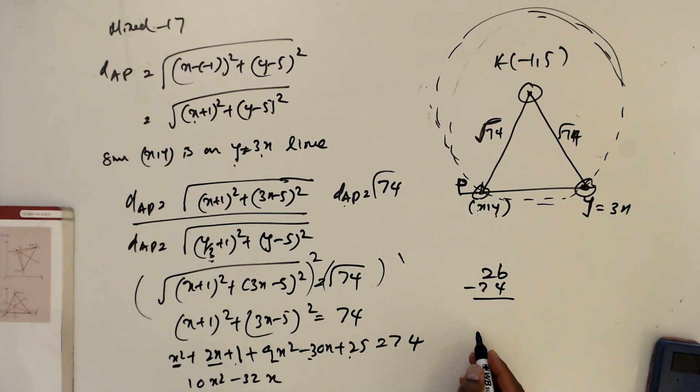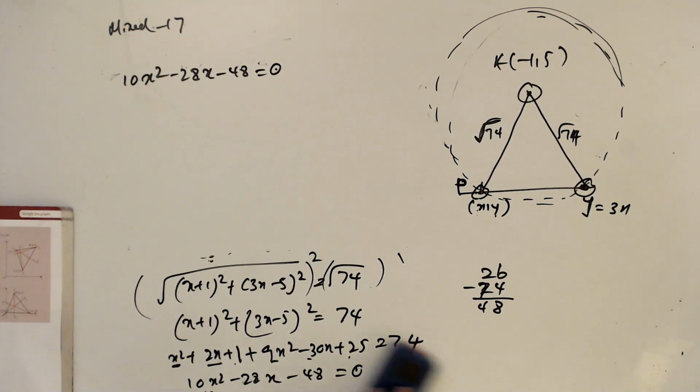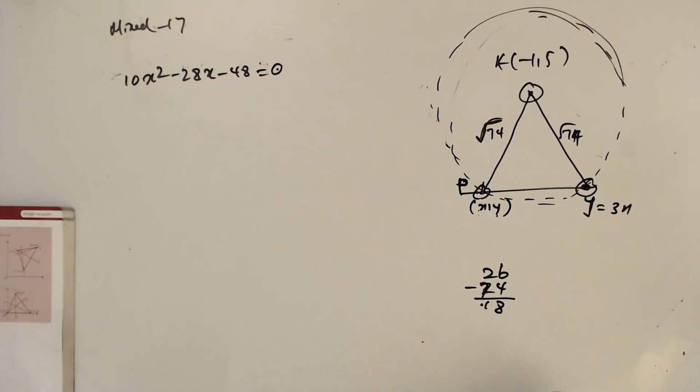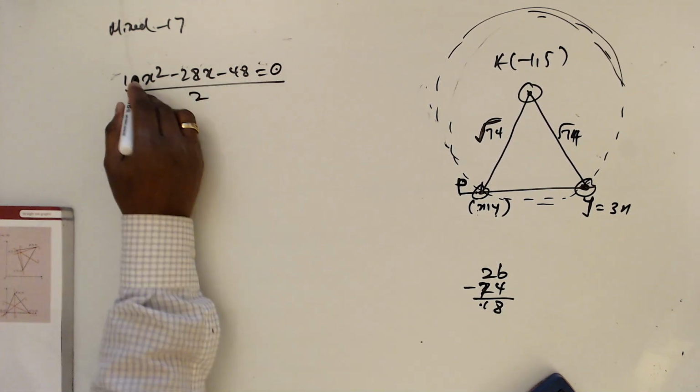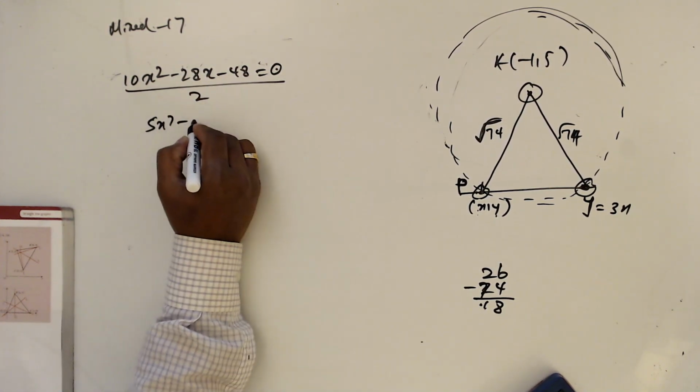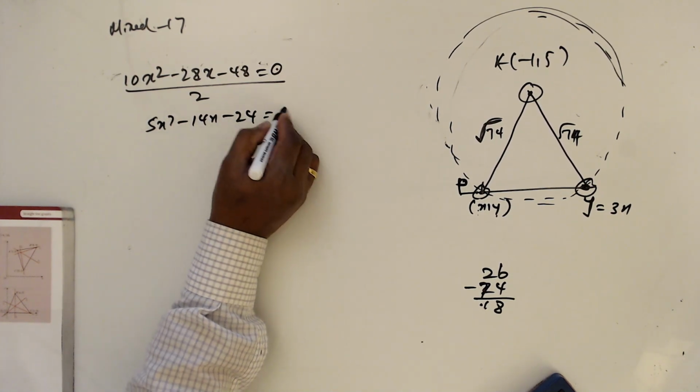So 26 minus 74 is minus 48, equals 0. I can divide both sides by 2. Now we have this equation in hand. Divide by 2 both sides: 5x squared minus 14x minus 24 equals 0.